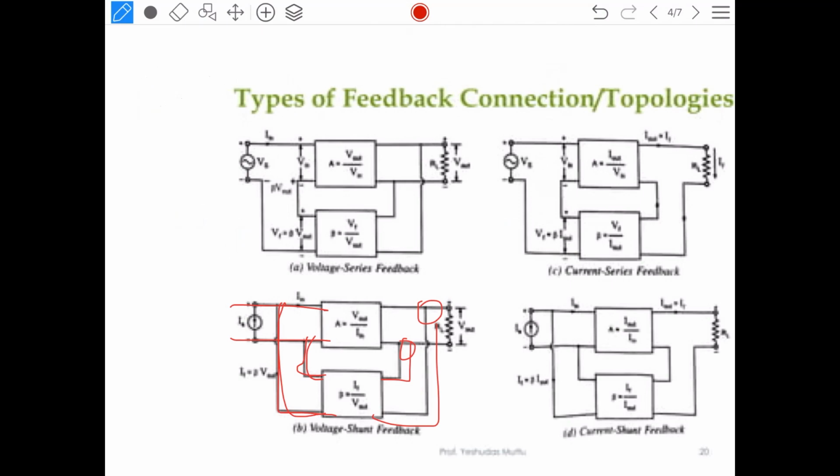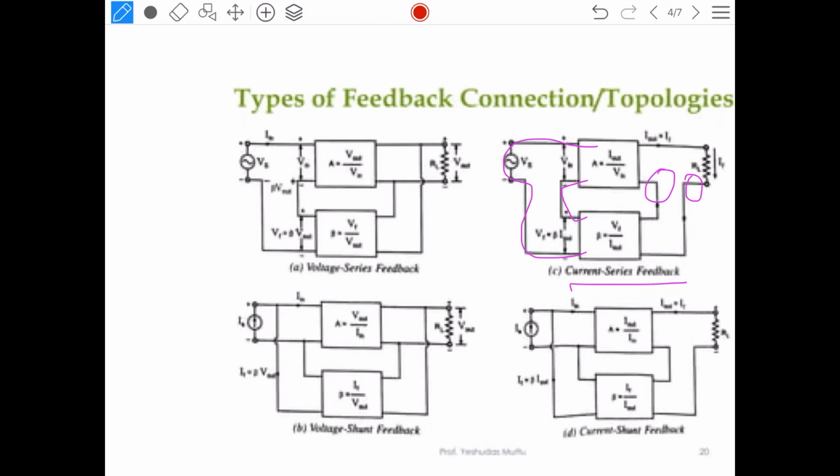Coming to the other networks, that is current series feedback and current shunt feedback. Again, we need to understand that current is always measured in series, right? So while fetching, I am fetching the current in series from the output network, in both the cases. First case, current series feedback. The feedback current is fed in series with the input supply. Hence the name current series feedback.